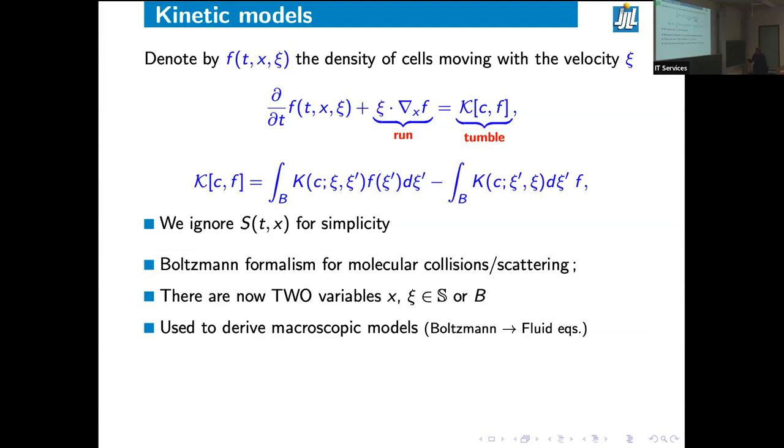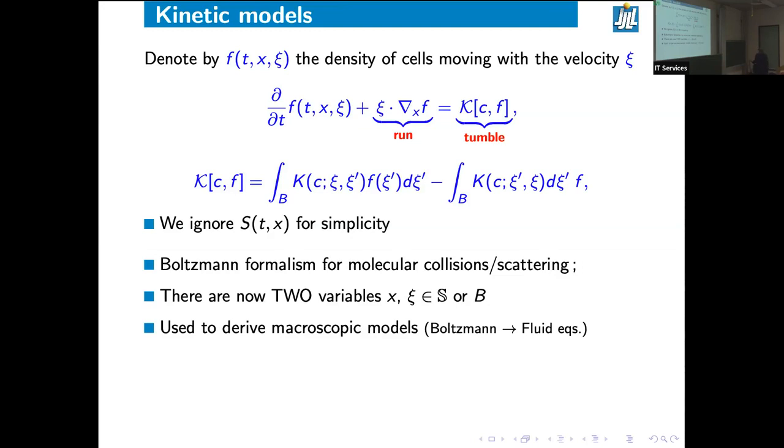They have a position which is x, and they have a run and they have a tumble. And all the difficulty, all the modeling problem is in the tumbling. So tumbling means that a cell of velocity psi prime will turn with a certain rate to a velocity psi. And of course, all the cells with velocity psi prime have to be subtracted from this balance.